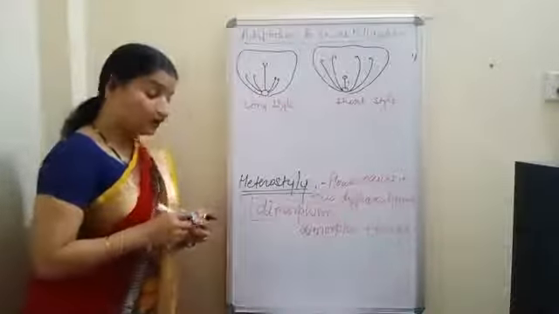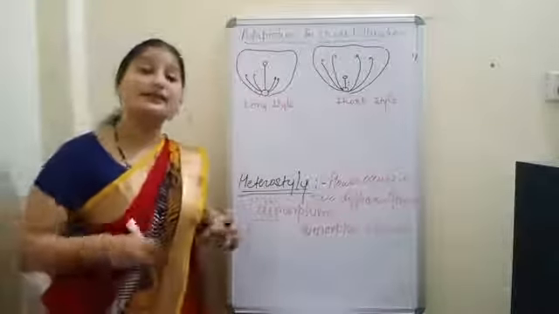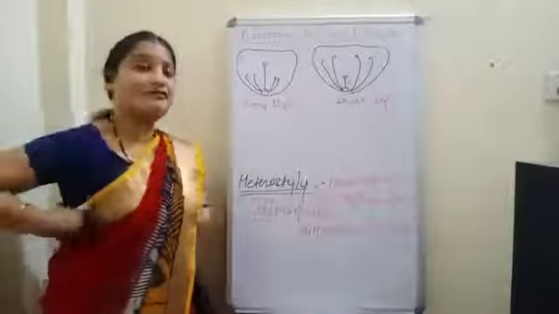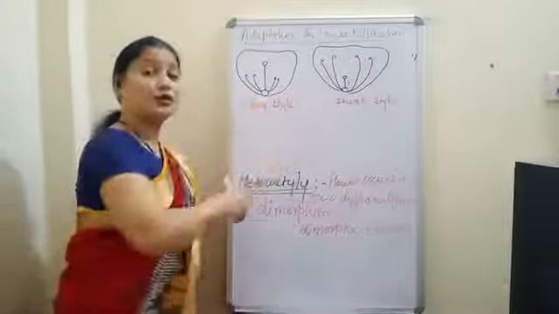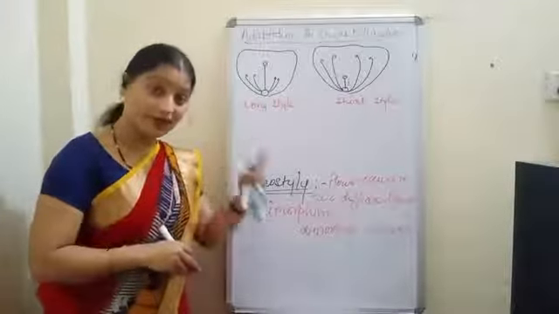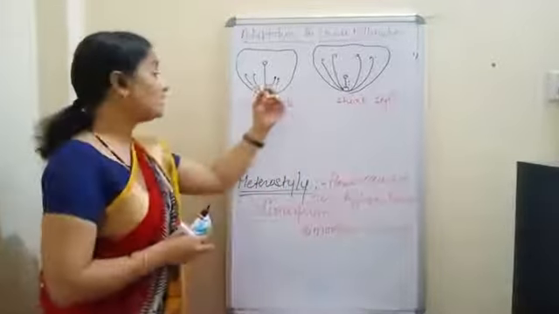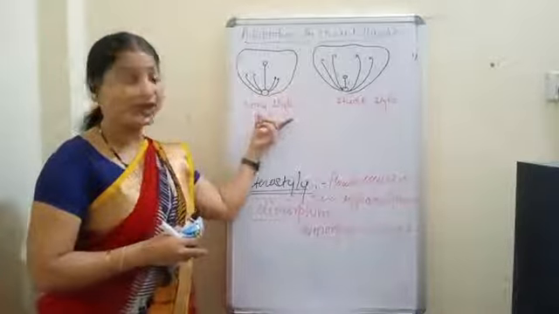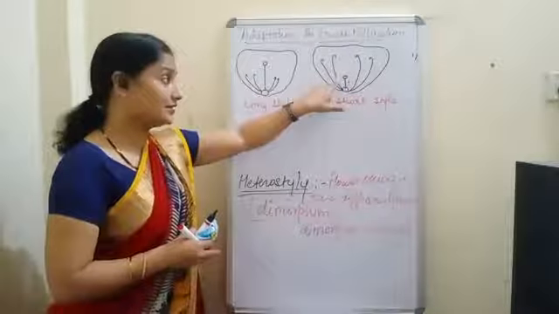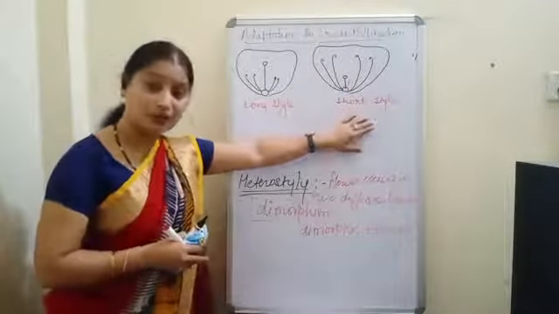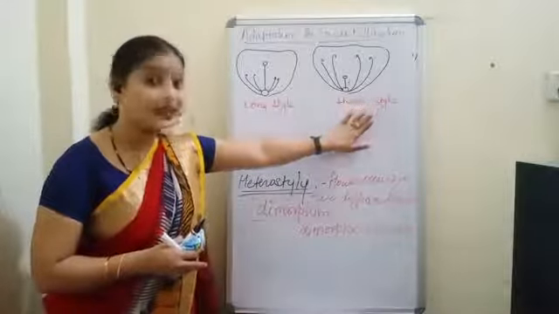Now see, both the flowers are same, but the same flower occurs in two different forms. In one type, the style will become very long, and in the other type, the style will become very short, but the flower is same.